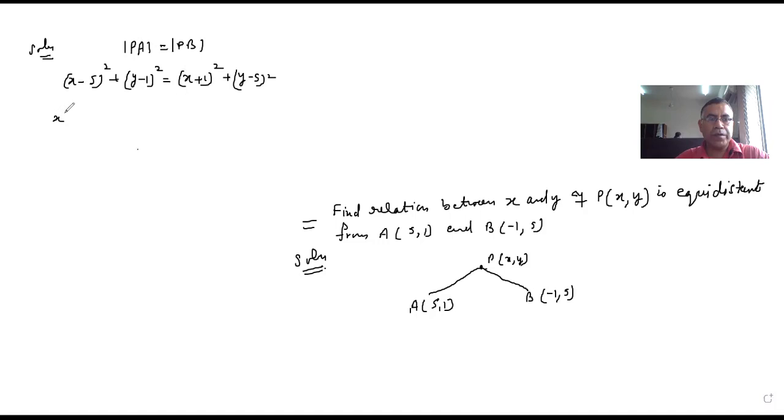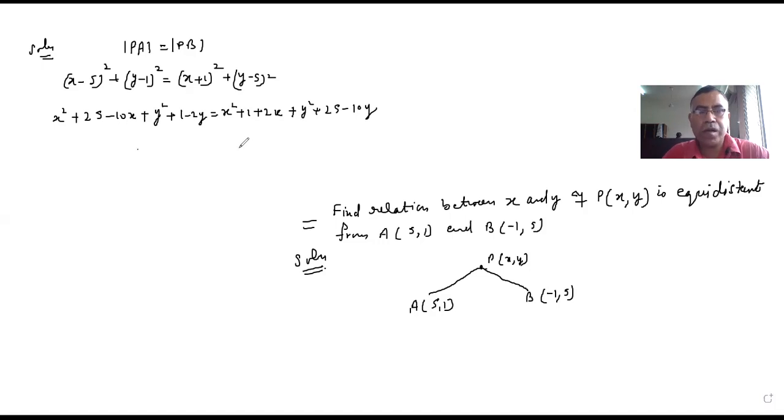So open it: x square plus 25 minus 10x, y square plus 1 minus 2y, x square plus 1 plus 2x, and so on.